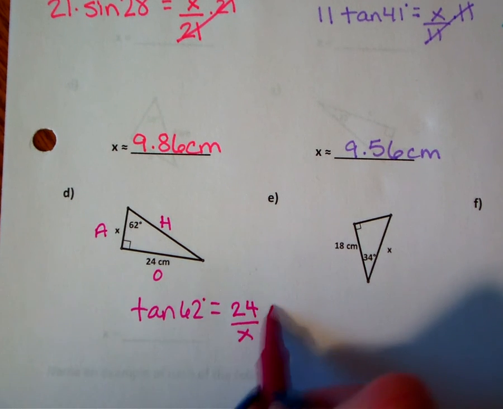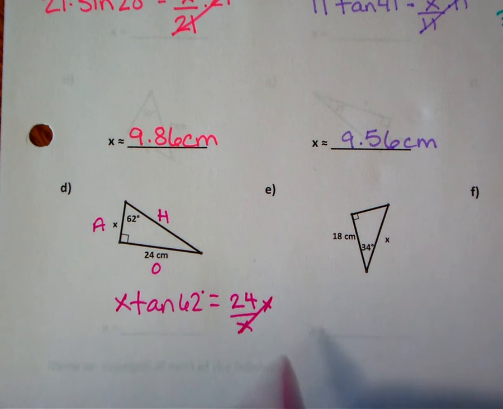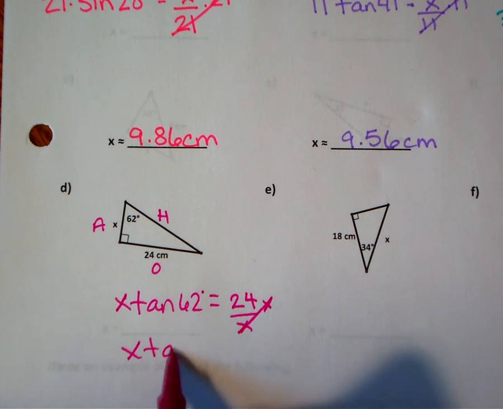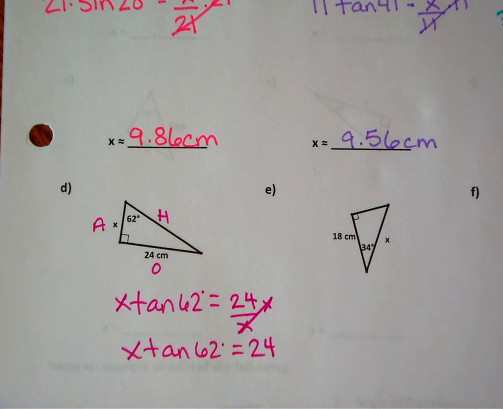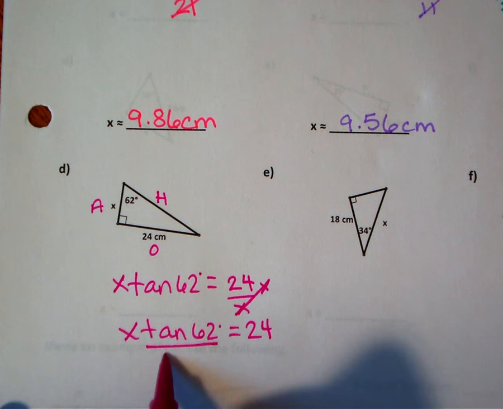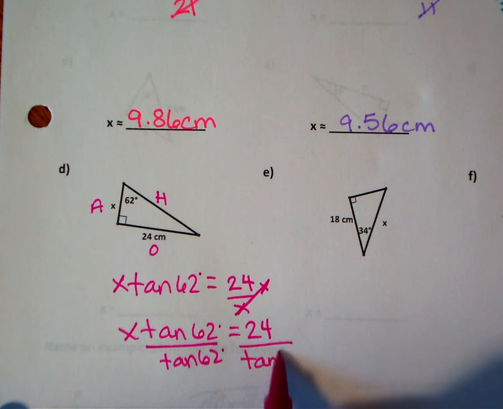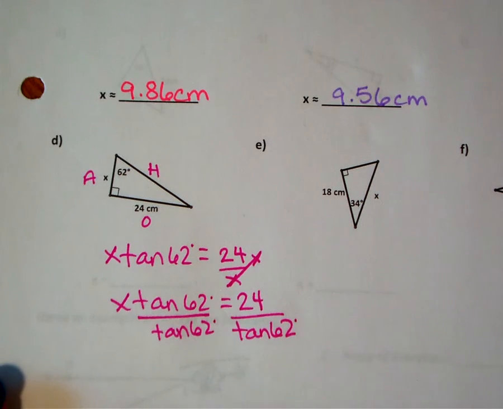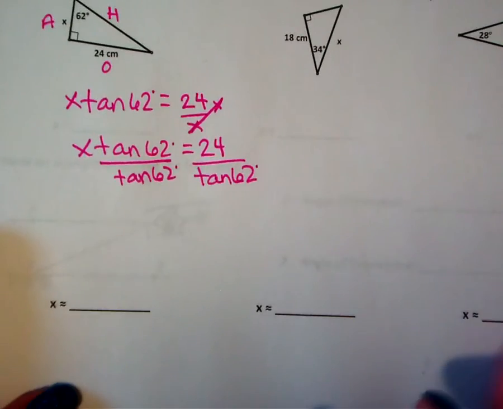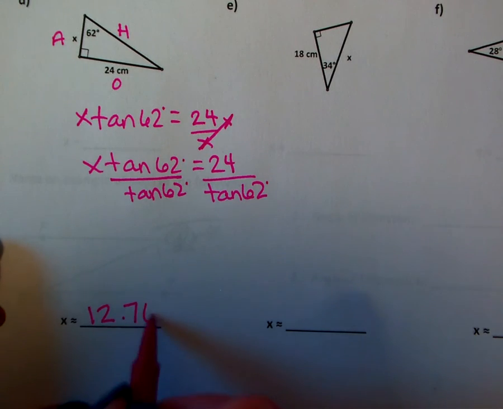X is in our denominator, so if you think about it, you're multiplying both sides by x. So if you have x tangent of 62 degrees equal to 24, your last step then would be to divide by tangent of 62 degrees. Okay, and when you throw that in your calculator, so we can see both, we get x equal to 12.76.